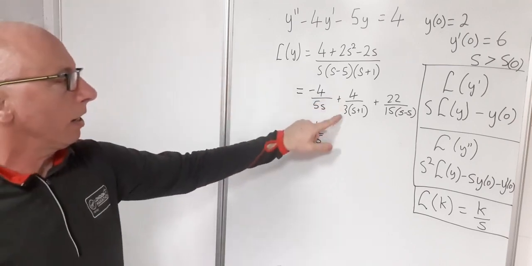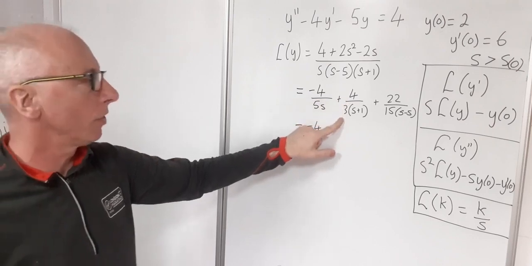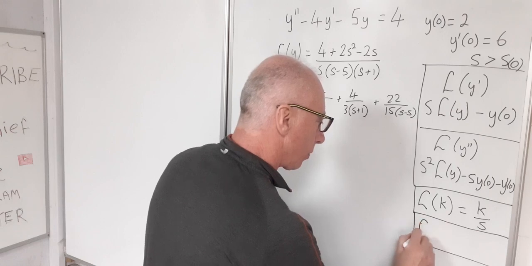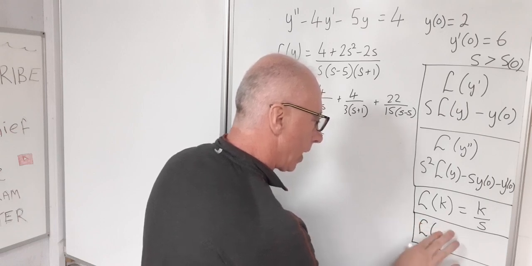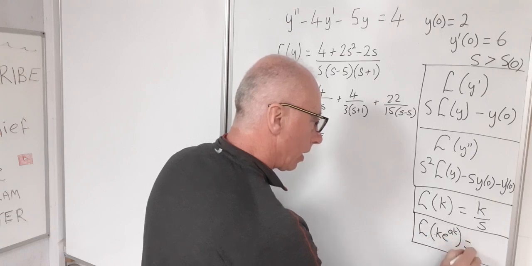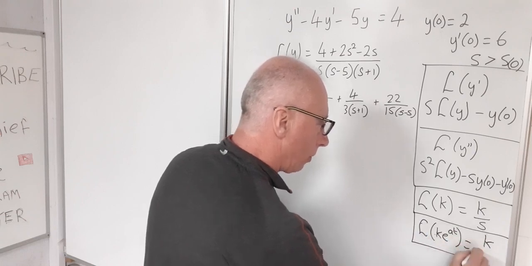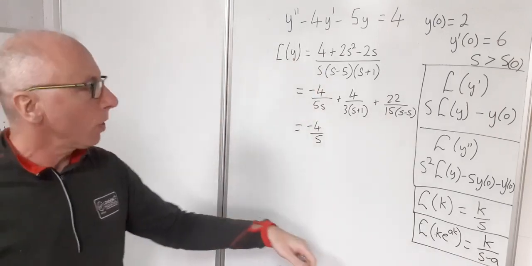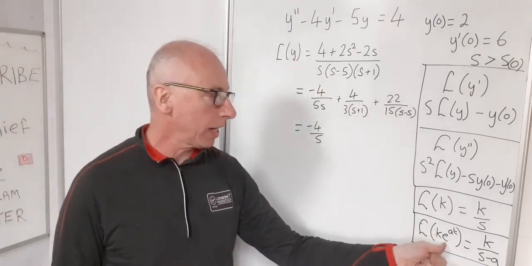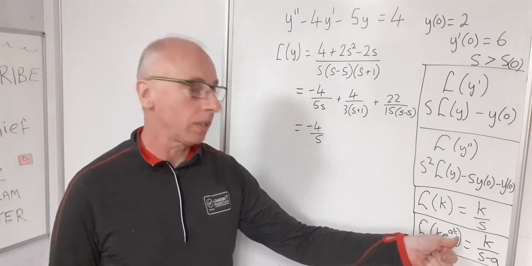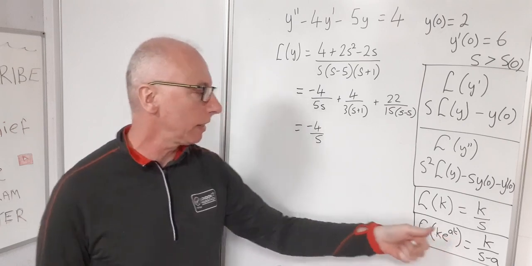Now this one here is going to be the exponential function. So if we look at the Laplace transform of an exponential function, k e to the at, that gives us k over s minus a. So if we go the other way around, we'll get our k and our a, and the t is our dependent variable, so that's where we need the t.